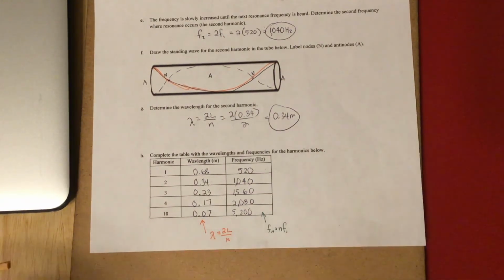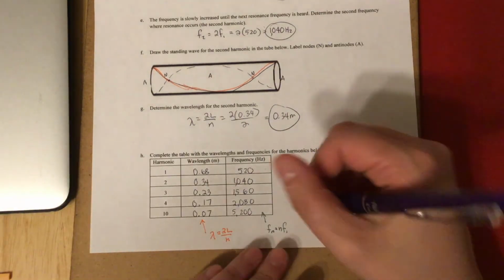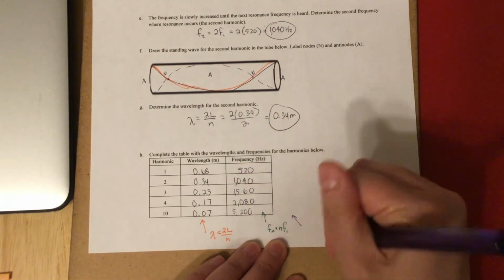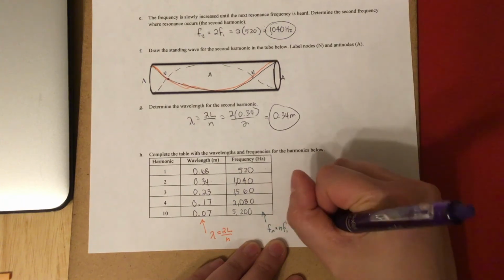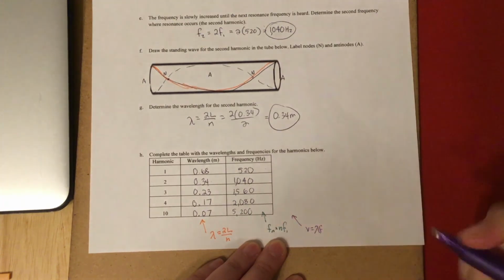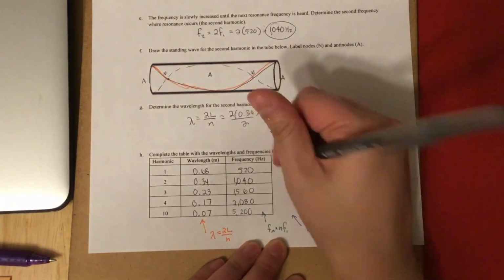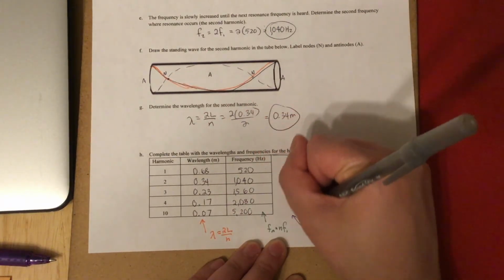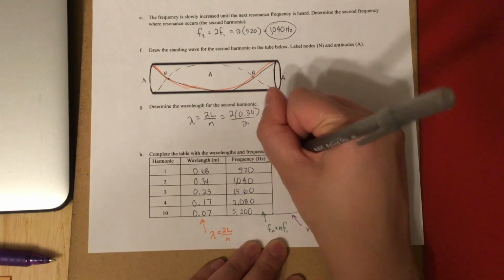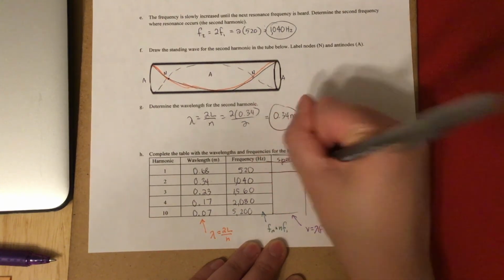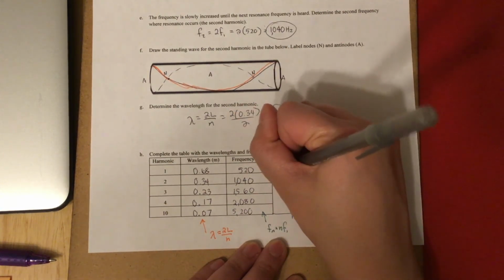And just for funsies, since you guys have the time, I suppose I have the time as well, remember that my third column over here, all these wavelengths and frequency products should be giving me the same approximate speed. So earlier, I had the speed calculated as something like 353 meters per second.